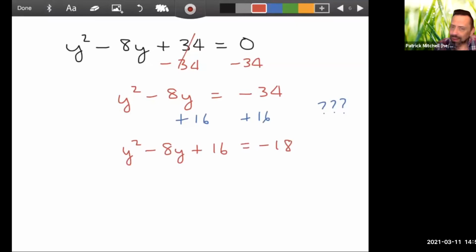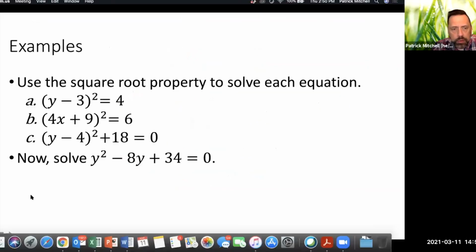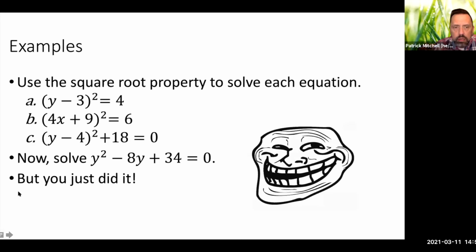And now I'm going to factor y squared minus 8y plus 16. And look at how that factors. It factors into y minus 4 squared. Okay, so the thing that you saw come up for a split second when we were back in the presentation. See, I told you, you just did it. y minus 4 squared equals negative 18.